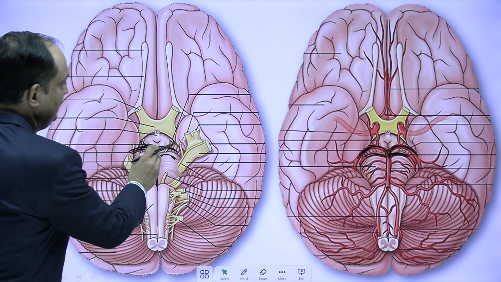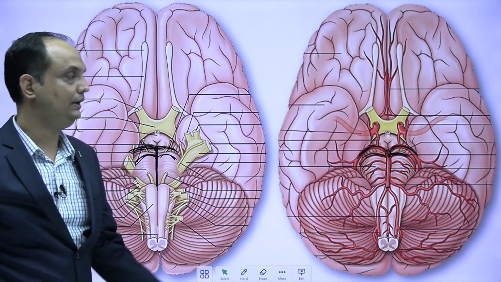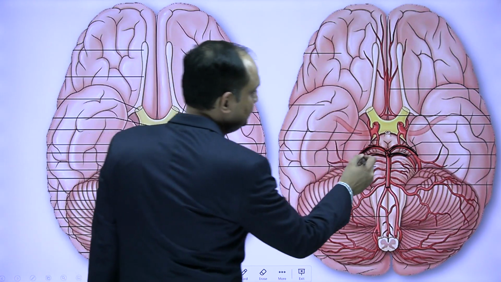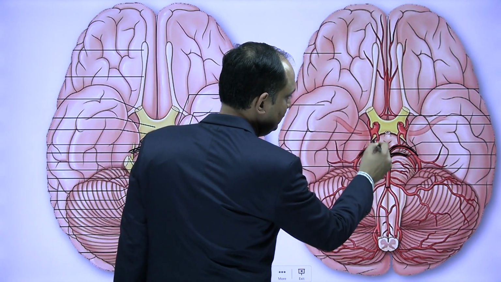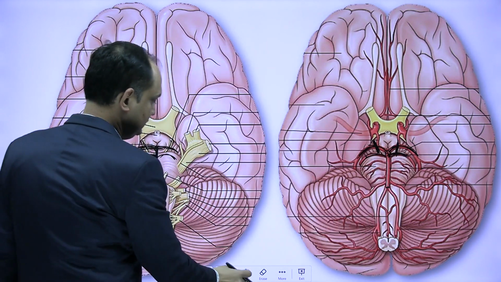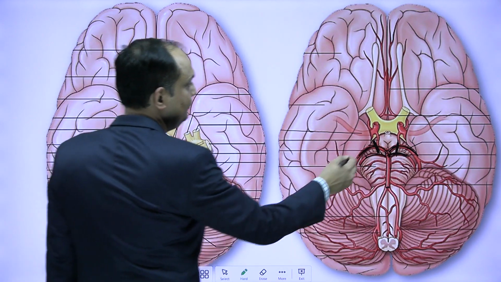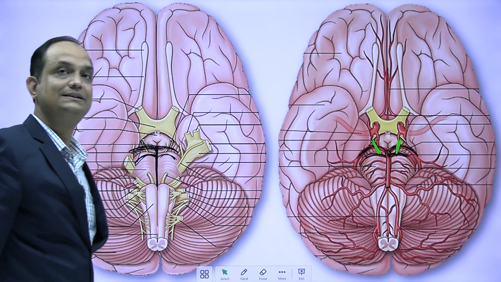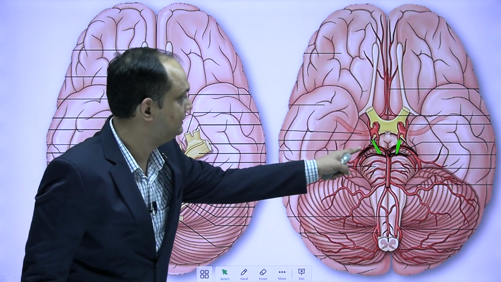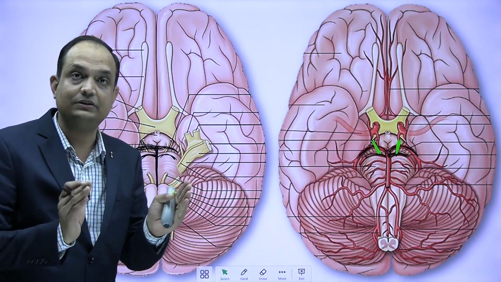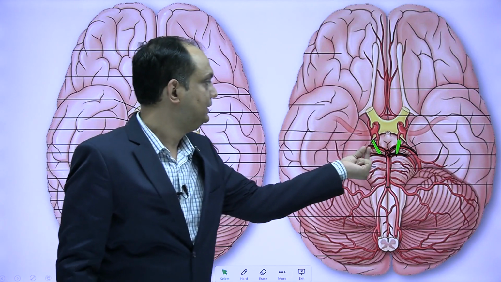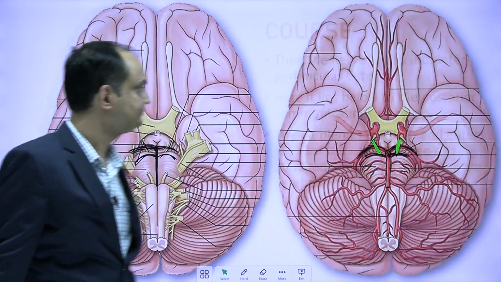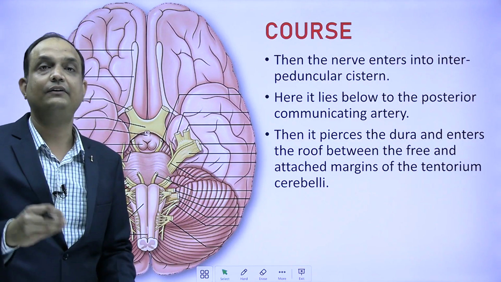If you keep this picture in your mind, and the position of your oculomotor nerve, you will realize that the oculomotor nerves are in very close proximity with the posterior cerebral artery and superior cerebellar artery. That is why, whenever these arteries get enlarged, that is known as an aneurysm, or if hemorrhage occurs, these nerves will get damaged or compressed. Now what will happen after that?